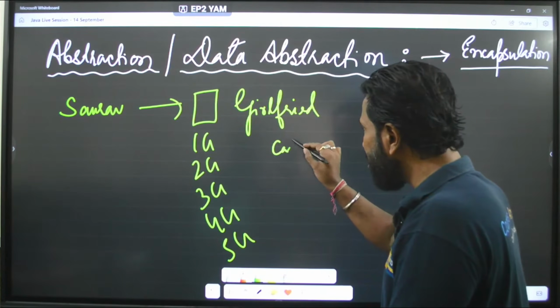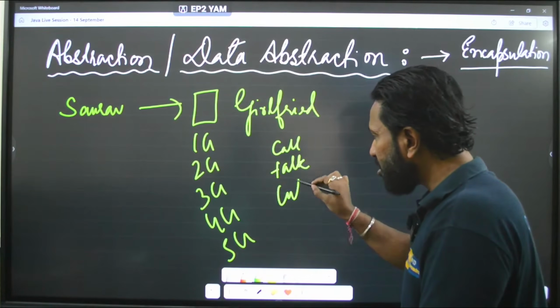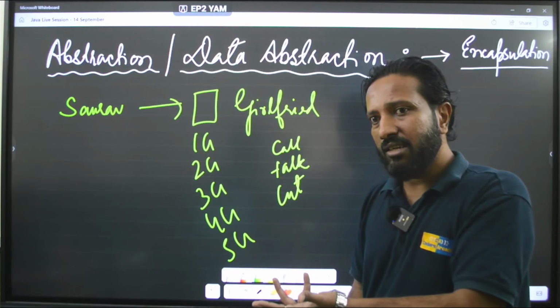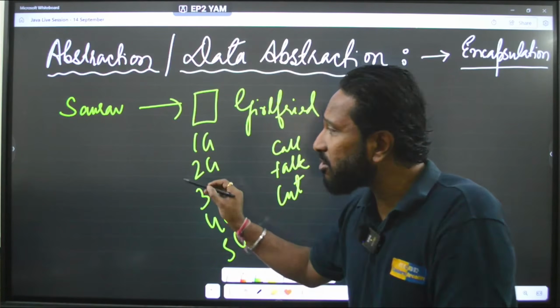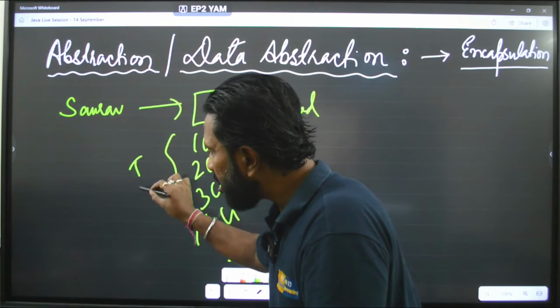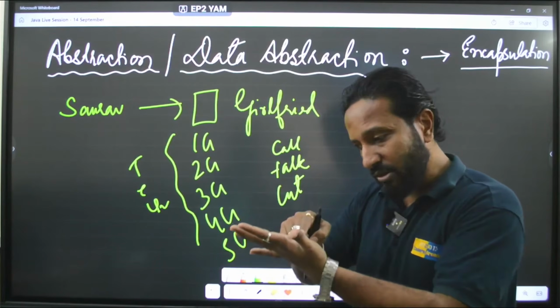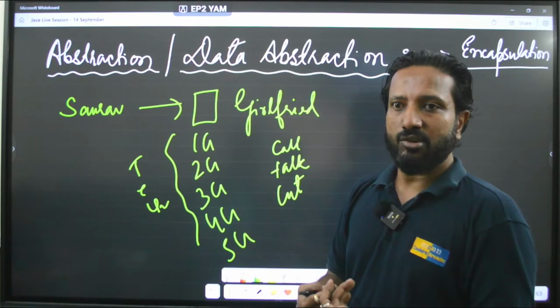Then I have to cut the call. This is my purpose or my intention always, right? Anybody whom I am calling, I am least bothered about the tech. I am just bothered about the call button, talking and then cutting the call. That's all, right?